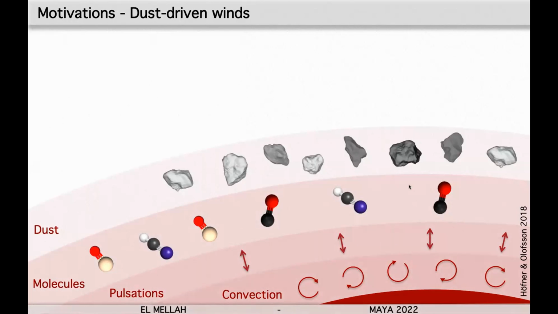The growth of dust grains depends not only on the thermodynamical conditions set by the stellar radiative field, but also on the chemical content of the gas. Indeed, oxygen-rich AGB stars form oxygen-rich dust grains, which have a much lower opacity than carbon-rich dust grains.